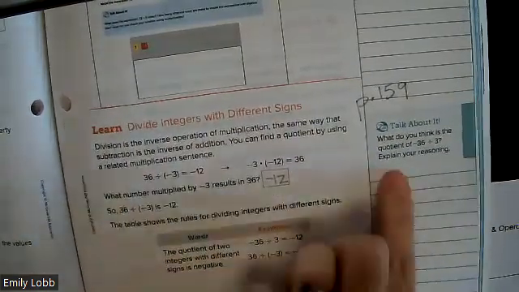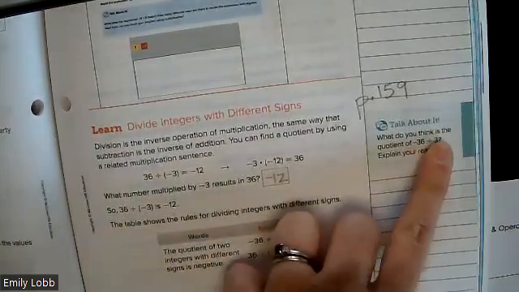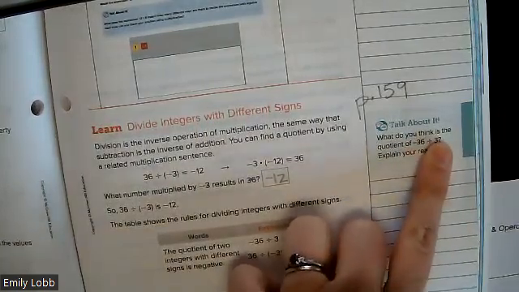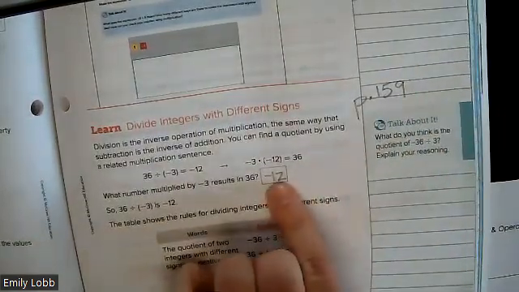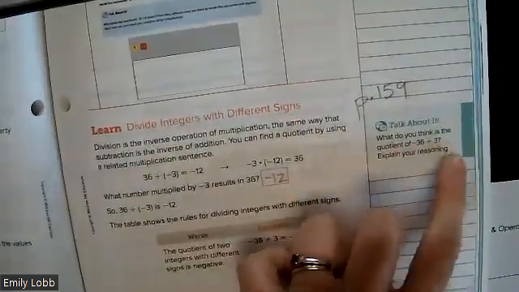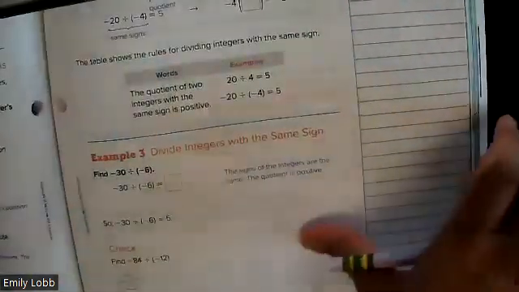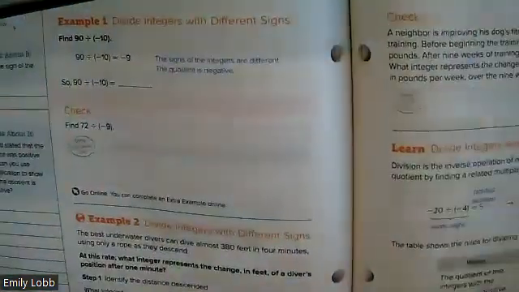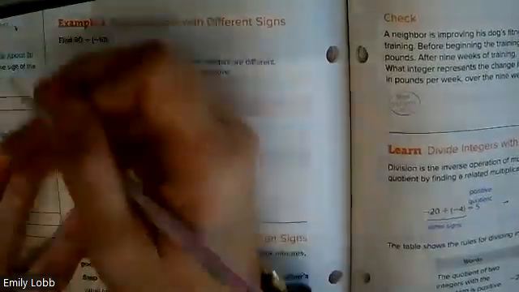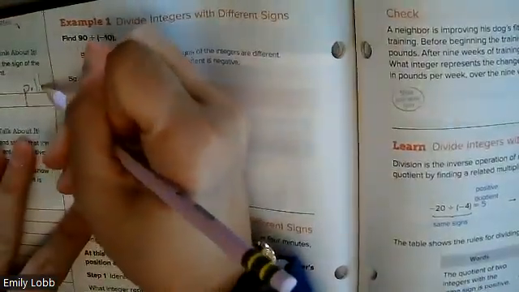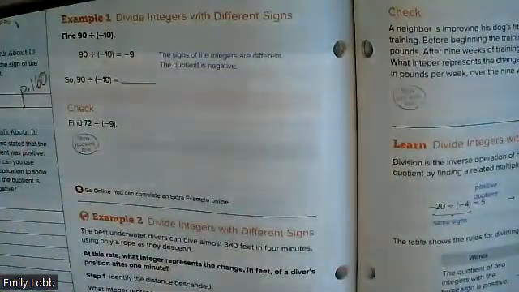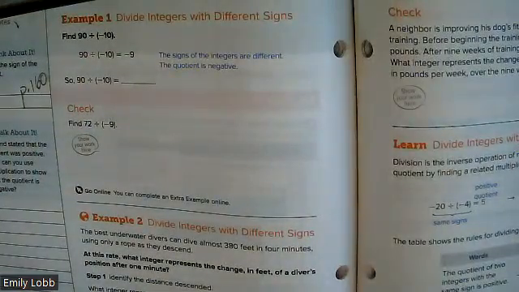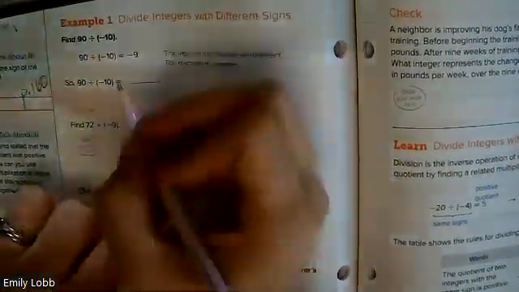All right, so what do you think is the quotient of -36 divided by 3? Same thing, -12, because our signs are different here, okay? This is page 160. I know we're cruising. They're telling you the answer here.